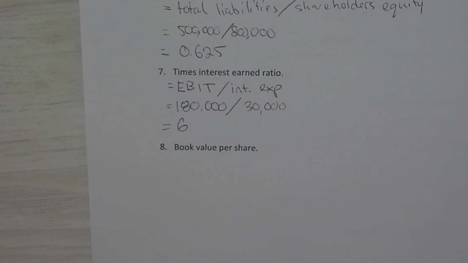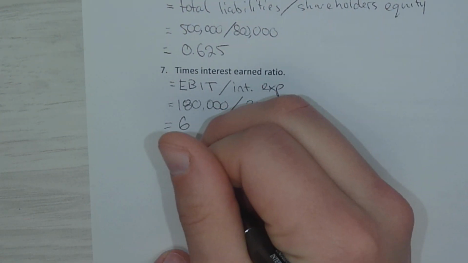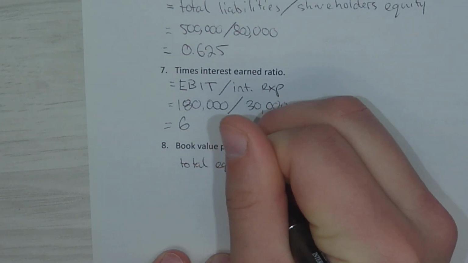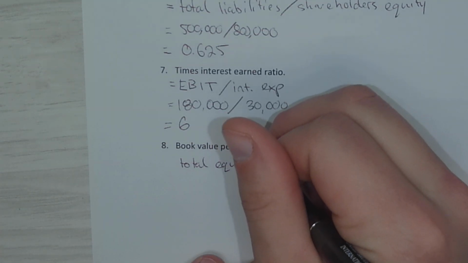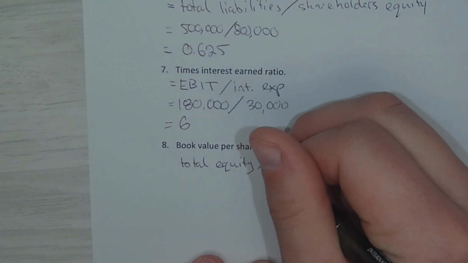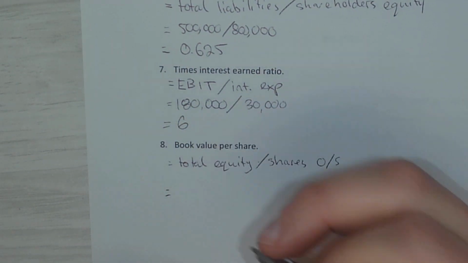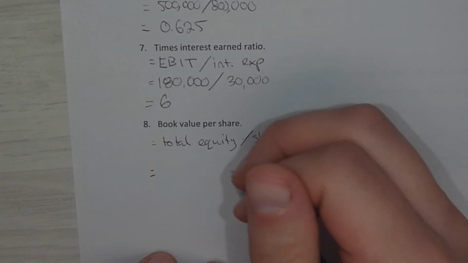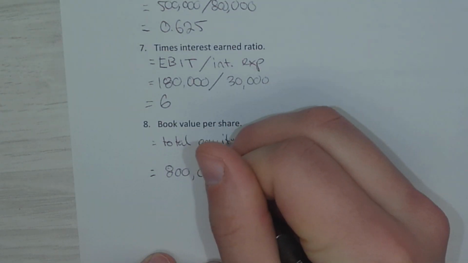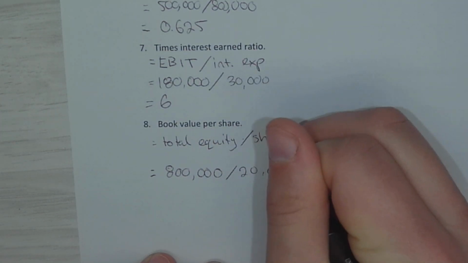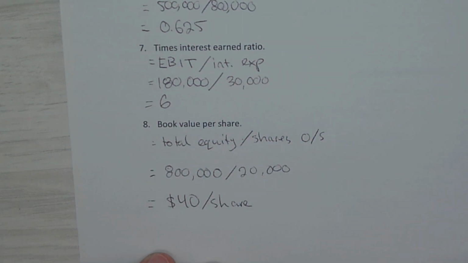afford the interest. And finally, our book value per share is our total equity divided by our shares outstanding, and we get total equity of $800,000, and we have 20,000 shares outstanding, which means we have a $40 per share book value.